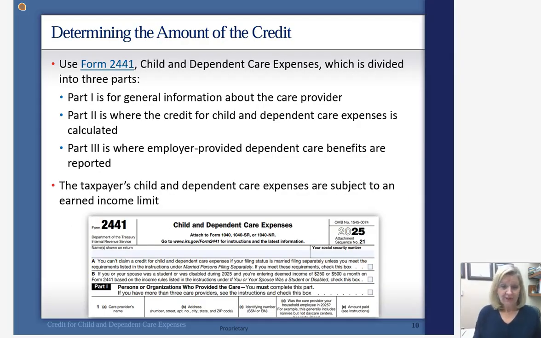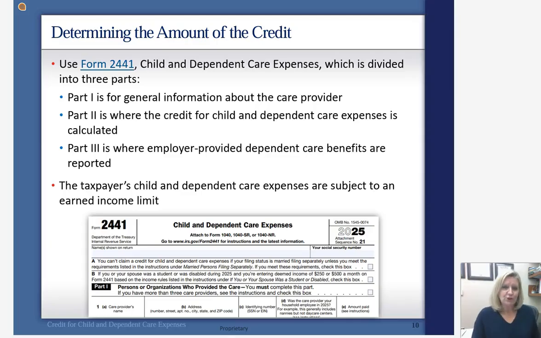Okay, so determining the amount of the credit, it says use Form 2441, but I will tell you right now that TaxSlayer does a really good job of explaining that for you or calculating that for you. So you are going to enter the information and you will see parts 1, 2, and 3 of Form 2441 filled out after you have entered all of the information into TaxSlayer.